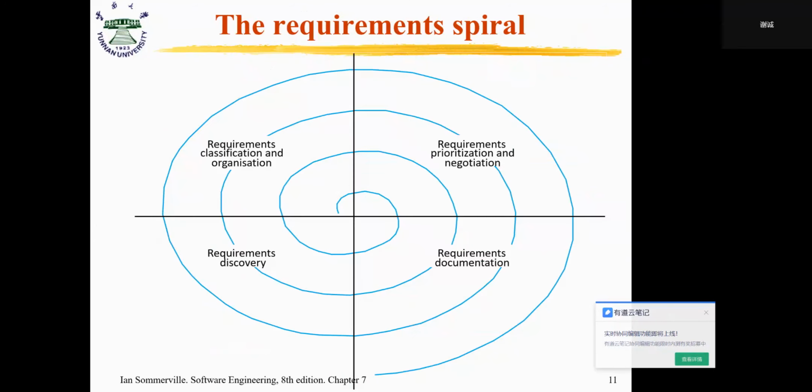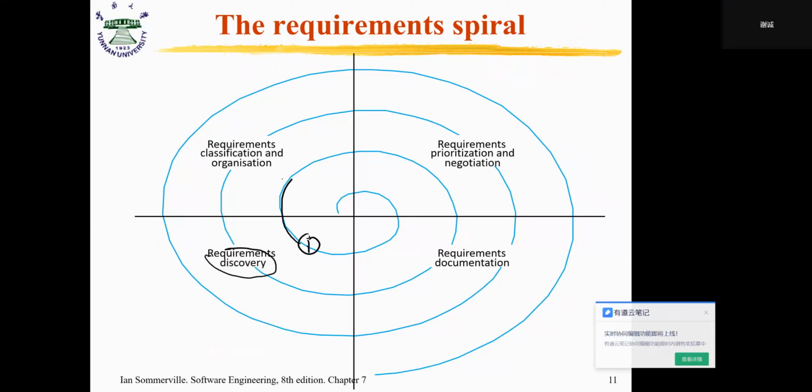As I said, the requirement process is actually an iterative process. It's not like a single line. It's more like a spiral. We start here with requirement discovery. This is the first activity. When we finish discovery, we know the requirements.